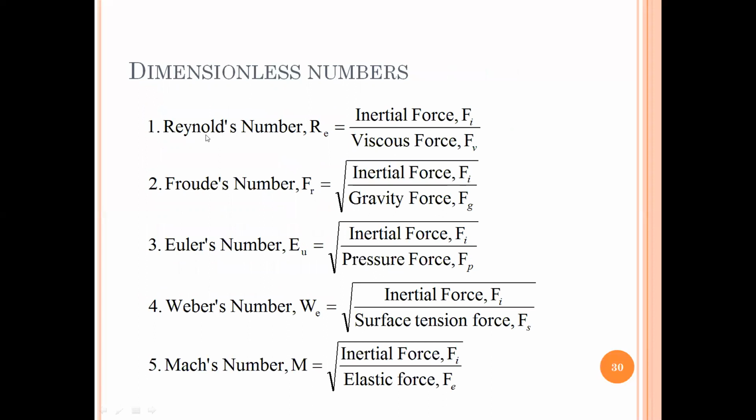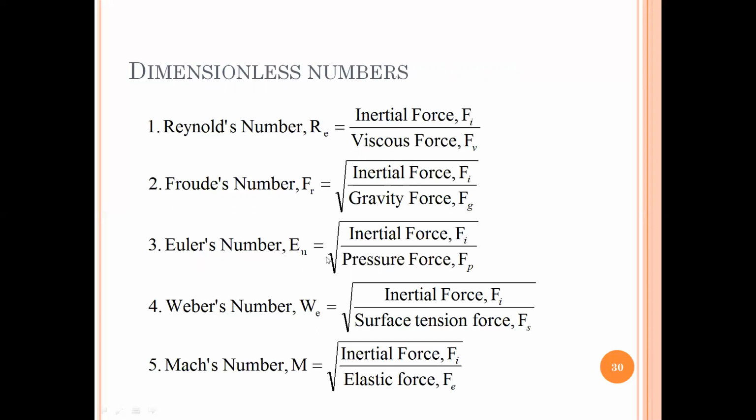So coming to your dimensionless numbers. The first number is your Reynolds number. It's a ratio of inertial force by viscous force. The second is Froude's number. It is the root of inertial force divided by gravity force. The next is Euler's number.